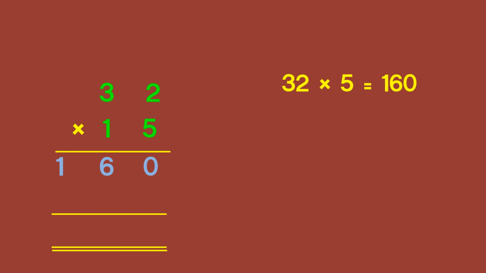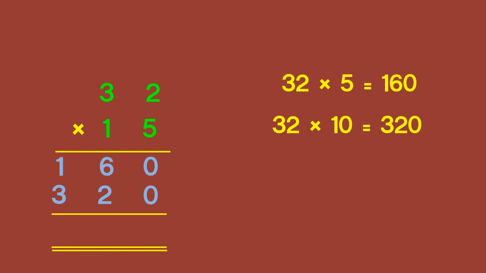Next I'm going to multiply 32 by 10 because since we have got the number 1 there, number 1 represents the value of 10 because it's in tens place, isn't that so? So next I'm going to multiply 32 by 10. 32 multiplied by 10 is 320. So I have to mention it correctly here. 32 multiplied by 10 is 320.